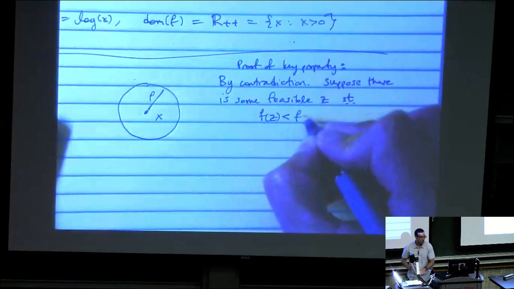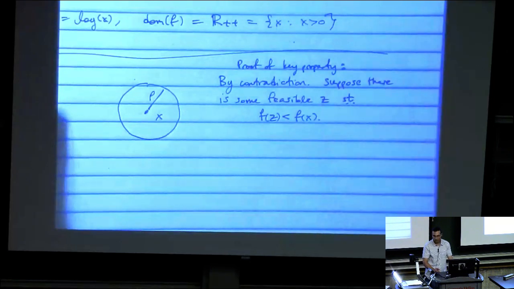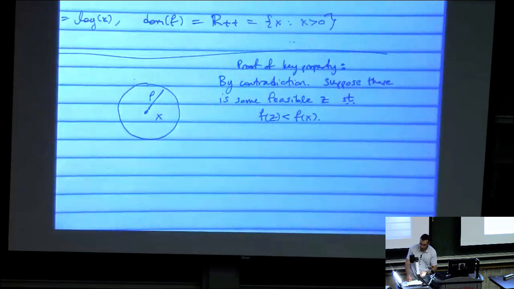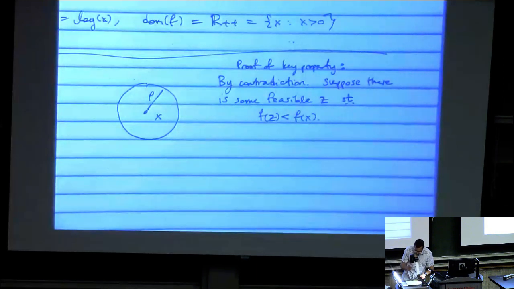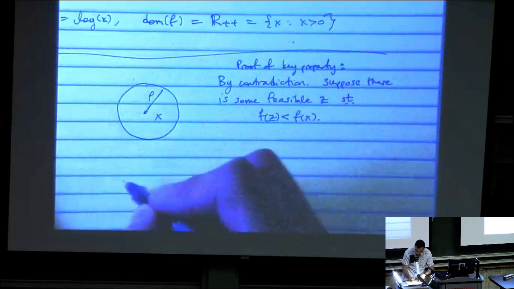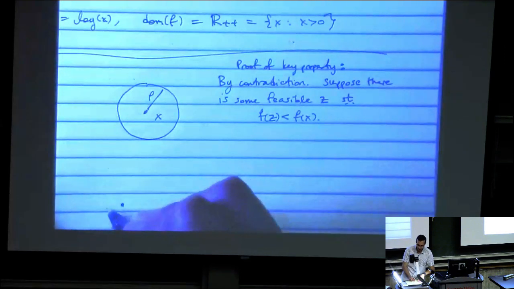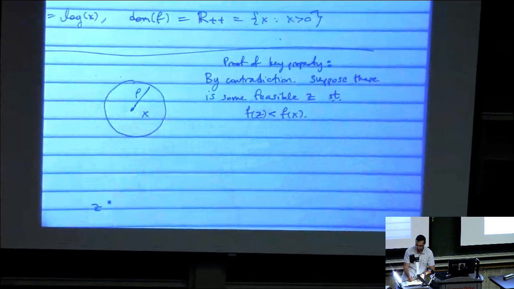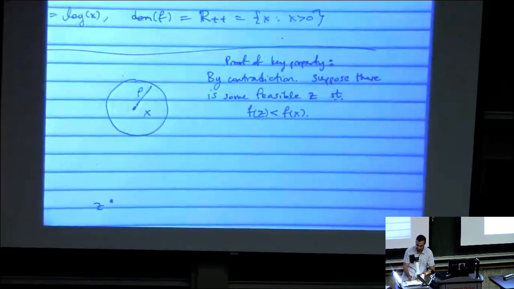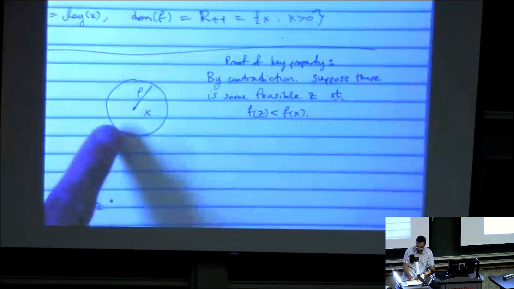Right, so we have some x that satisfies this local optimality property. If it's not globally optimal, there's some other point z that's feasible that has a strictly smaller criterion value. So picture-wise, z must be out here. We know that z can't be in this ball because x is locally optimal. It has a better criterion value, or at least the same criterion value as everything in that ball. So if there's something else better than that, it must be out here.